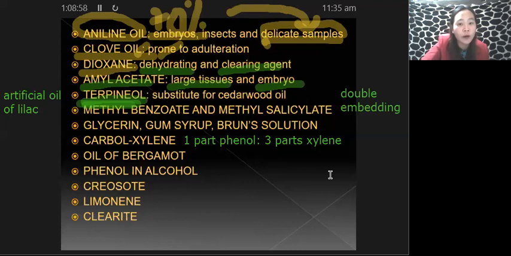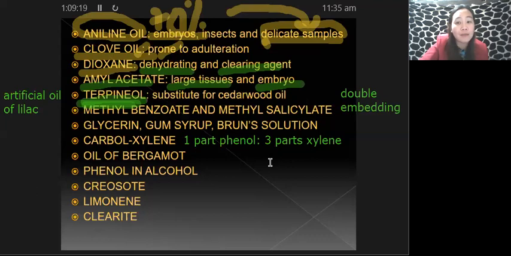And you have to ensure that all traces of carbolic acid are removed. Otherwise, your carbolic acid will cause leaching out of your stain.